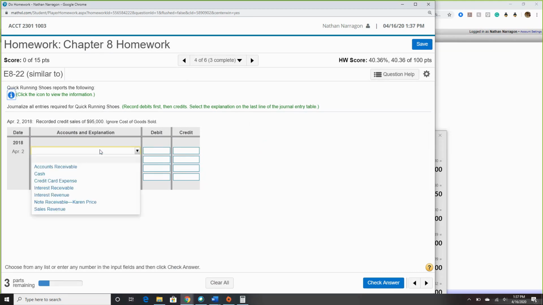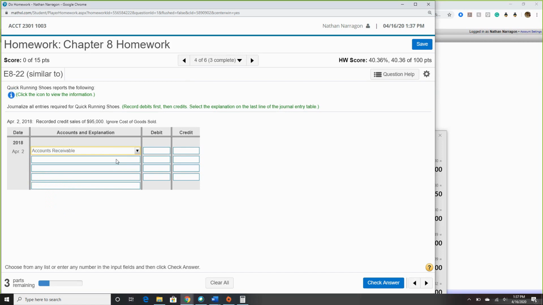So, we have accounts receivable. This is all credit sales. It's not like before when we have cash along with it. So it's accounts receivable, sales revenue.